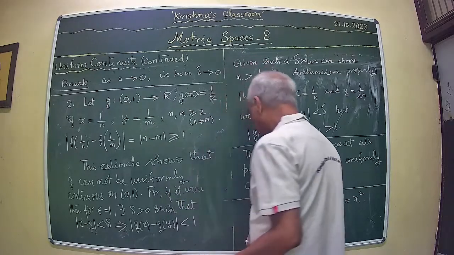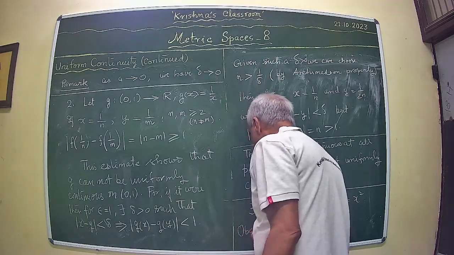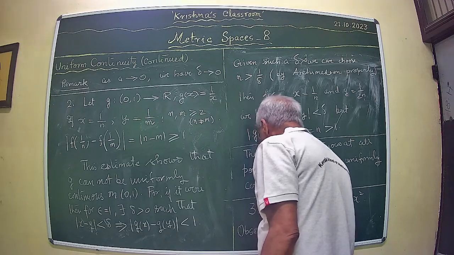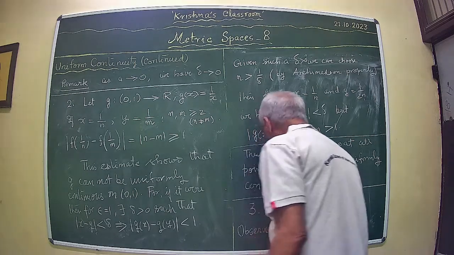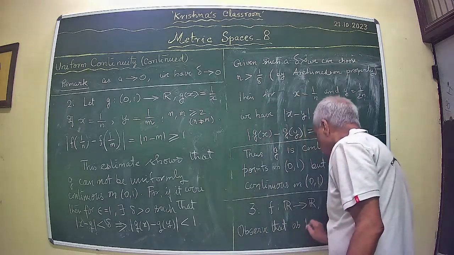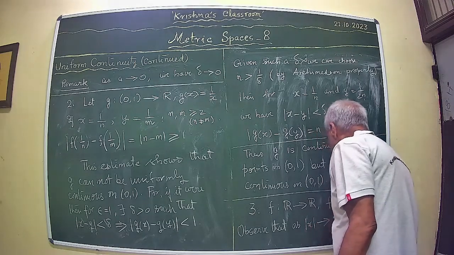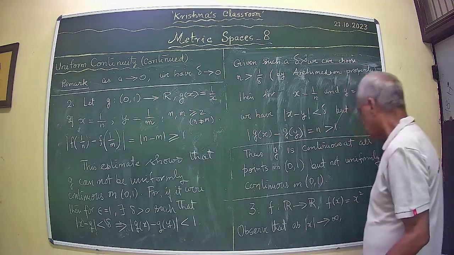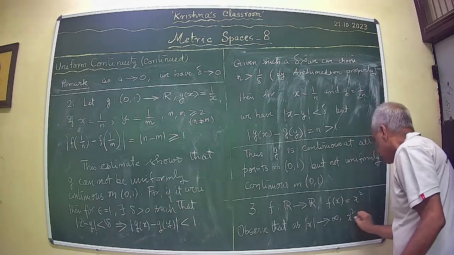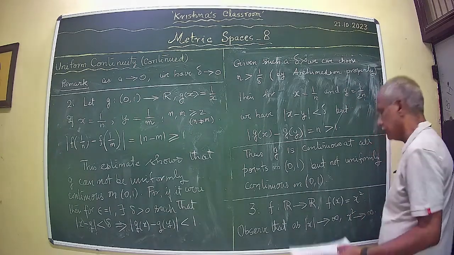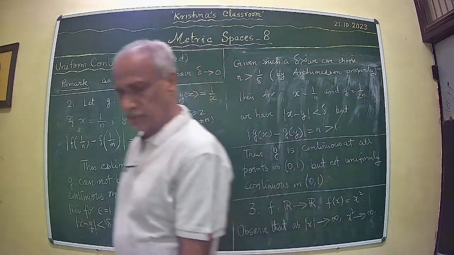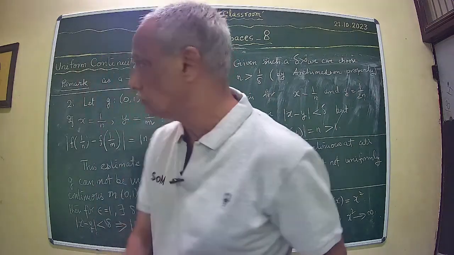Now we observe that as mod x goes to infinity, x square goes to infinity. And you know the graph of the function.